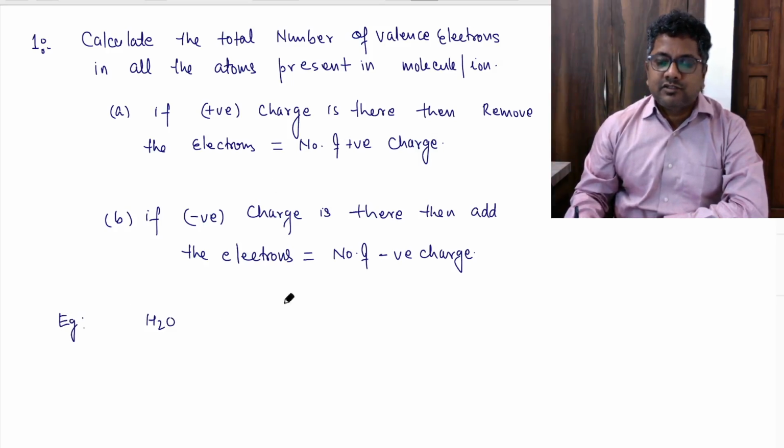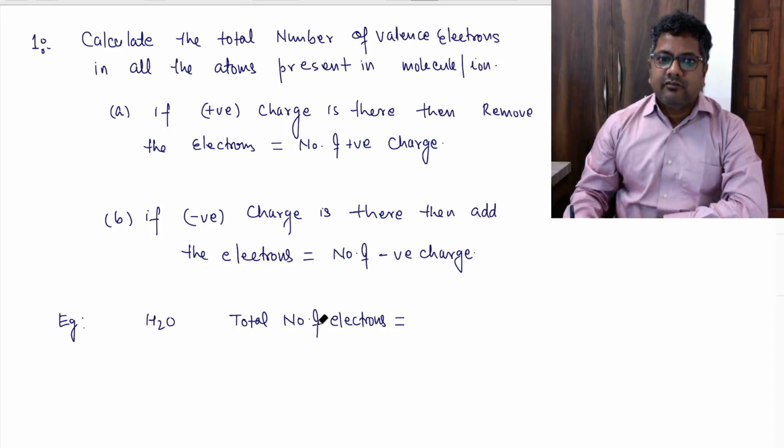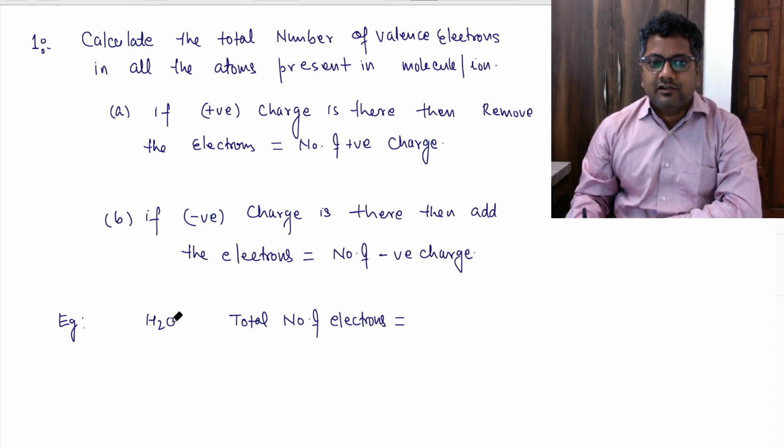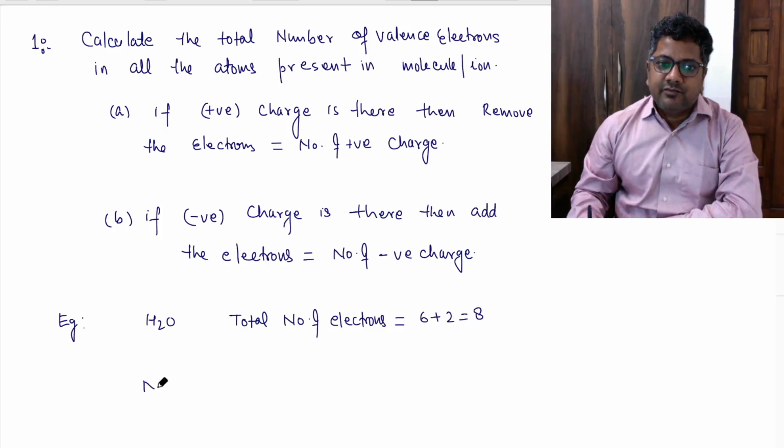So the total number of electrons is equal to the valence electrons basically. There are 6 valence electrons in oxygen and 1 in hydrogen. So 6 plus 2 is equal to 8. Suppose that NH4 plus is given.